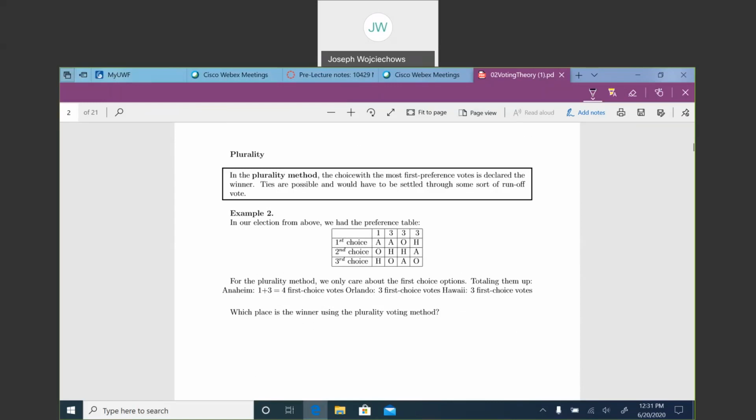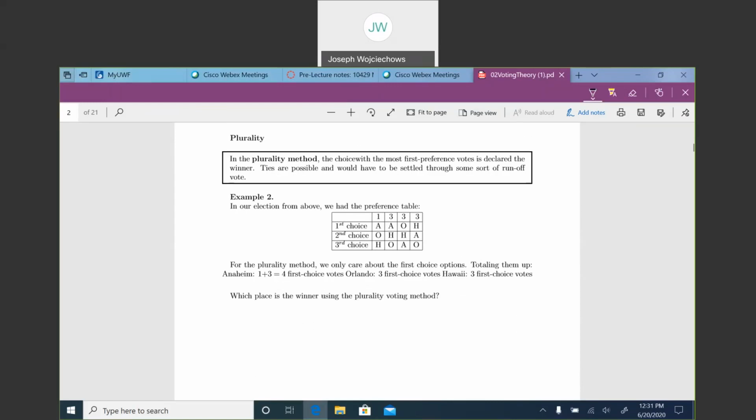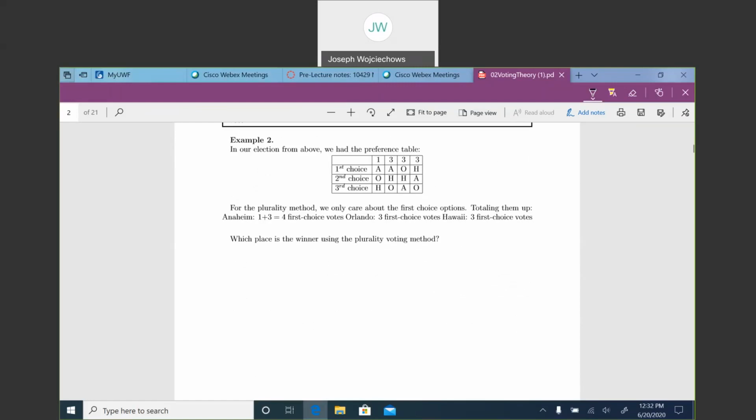So again, looking at our election from above, we have the preference table. For the plurality method, we only care about the first place options. So this is all we're looking at. Here is the first place row.